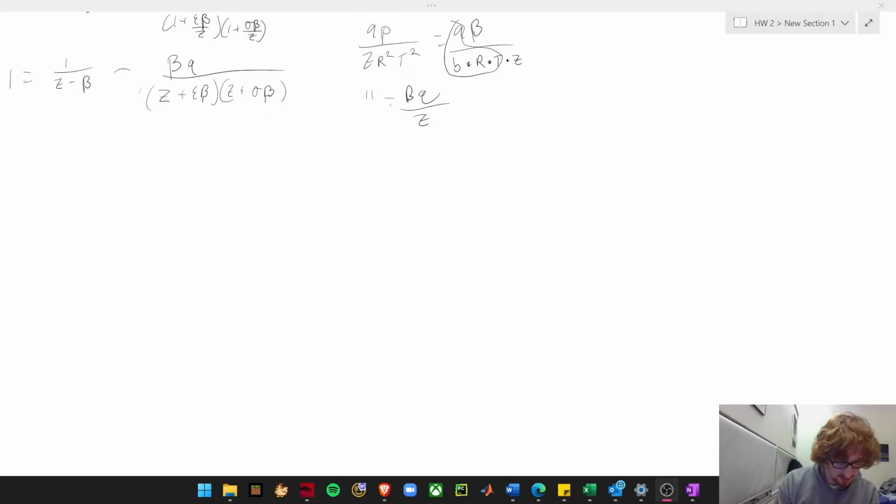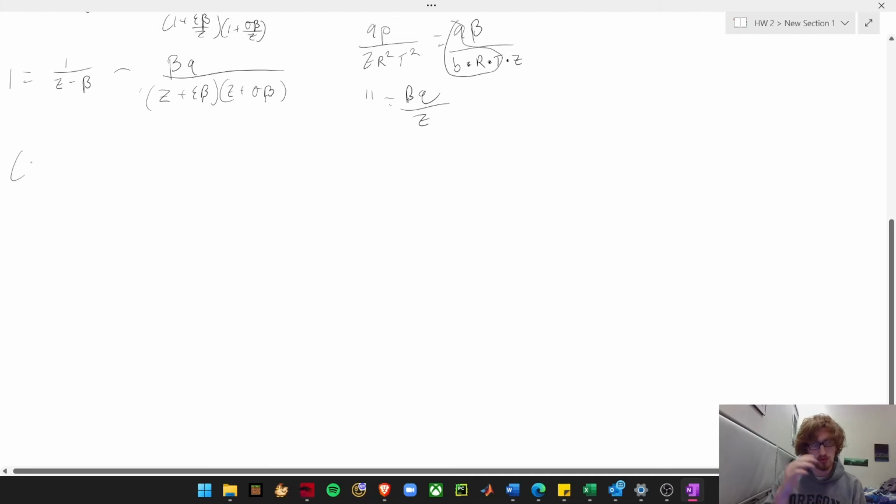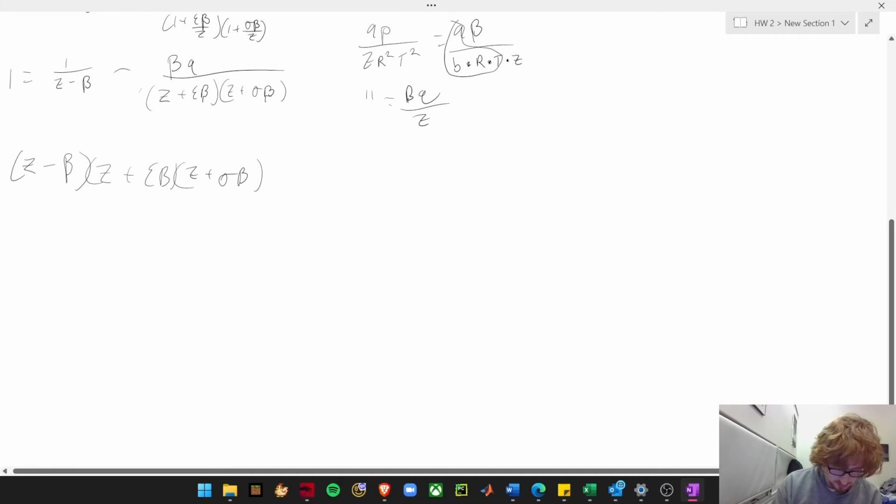So on the left-hand side, I'm actually going to leave this kind of split apart a bit, and then we'll go through it term by term. So we're going to have z minus beta multiplied by our z plus epsilon beta, and then our z plus sigma beta, and then on the right hand side we're going to do the same thing.